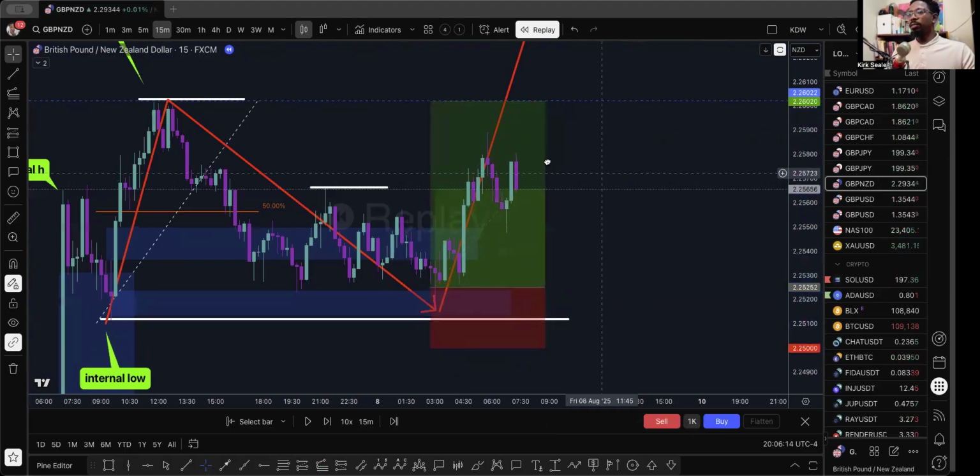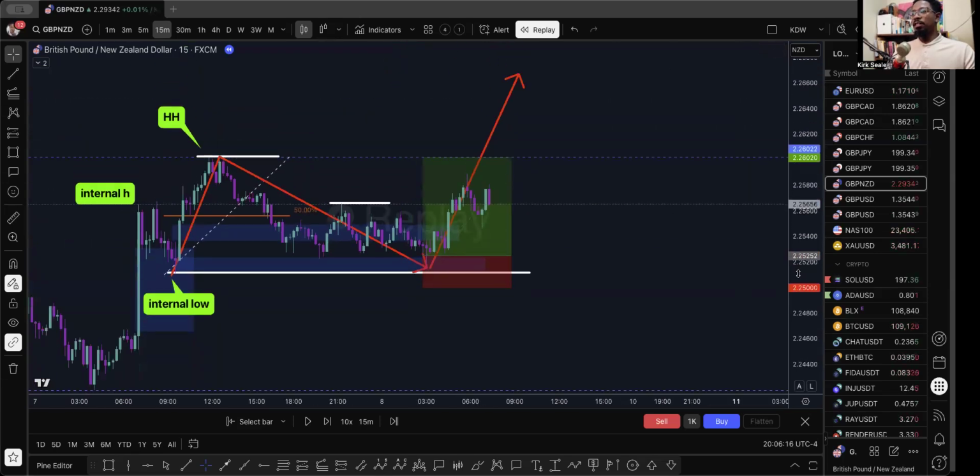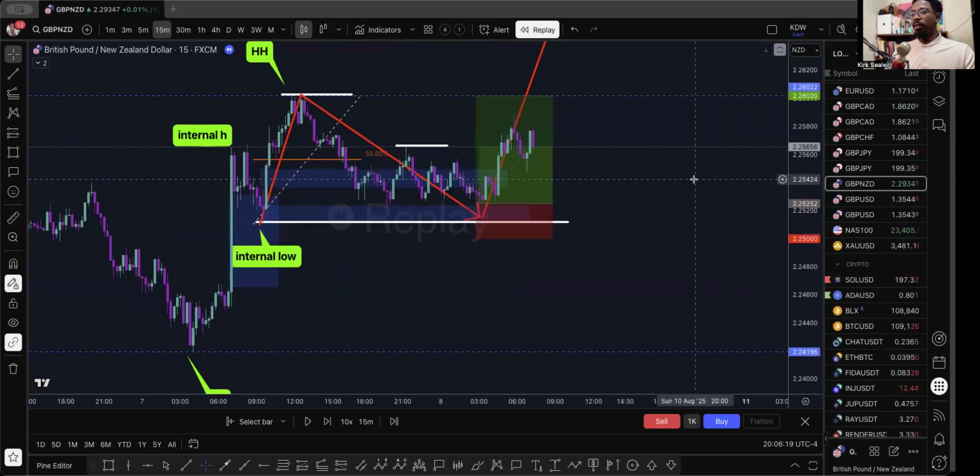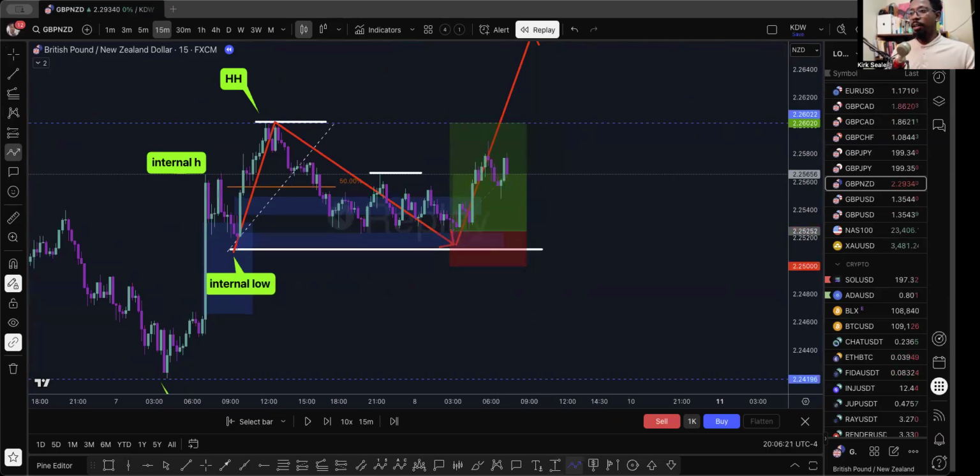All right. So let's see what price does from here. Let's see if it goes up or if it comes back down, right?